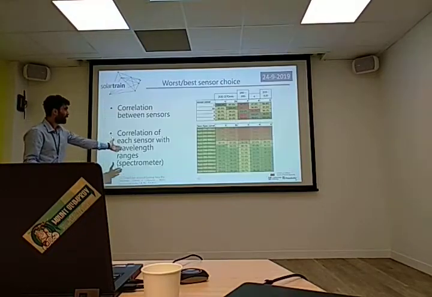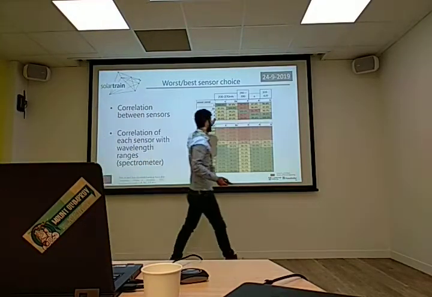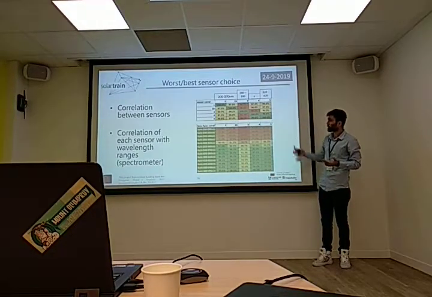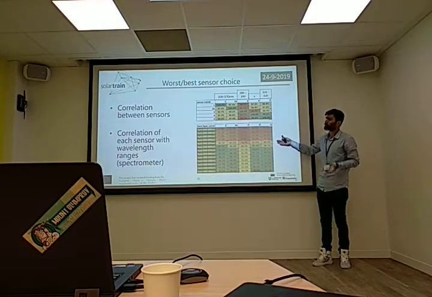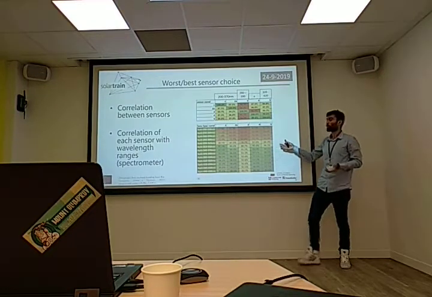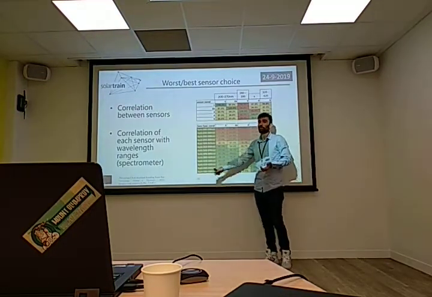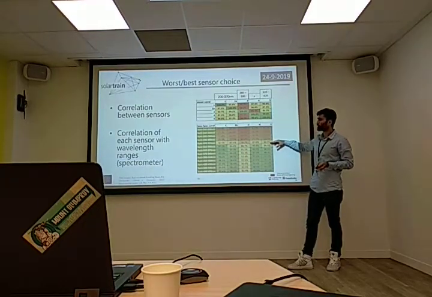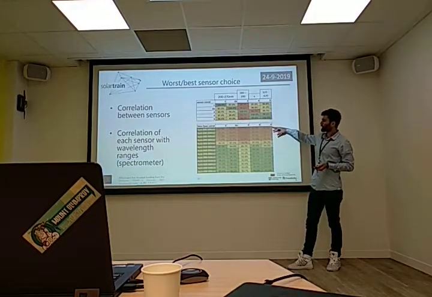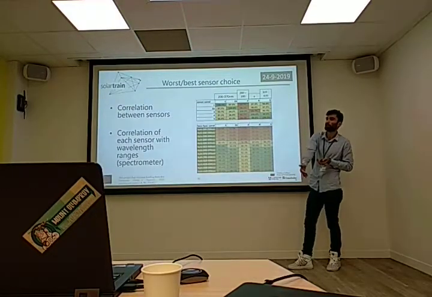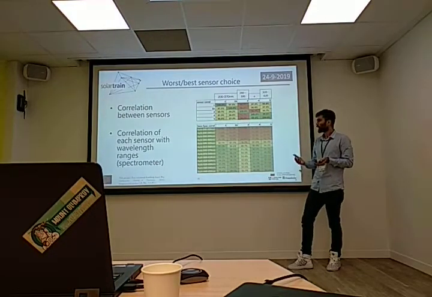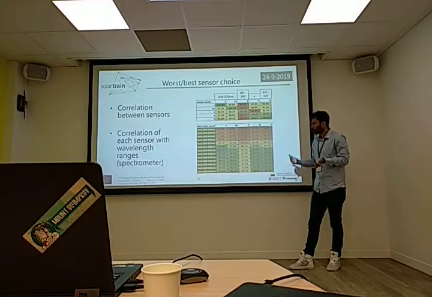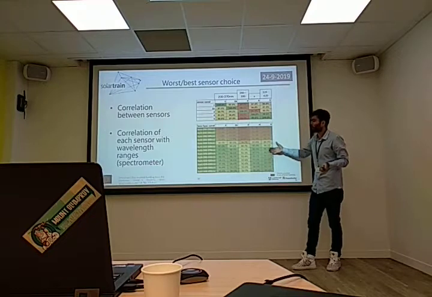So here, for example, the sensors were correlated with each other. And here the sensors were correlated according to the wavelength that we had from the spectrometer. So as we can see, below the 350 nanometers, the correlation between the sensors and the spectrometer is quite poor. But after the 315, the correlation becomes better for some sensors.